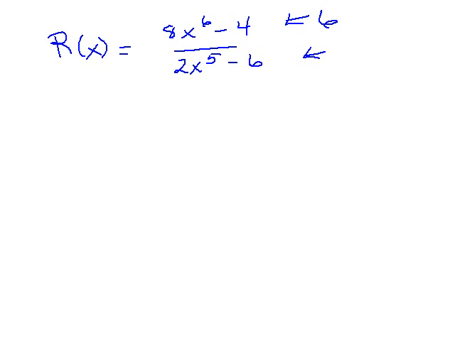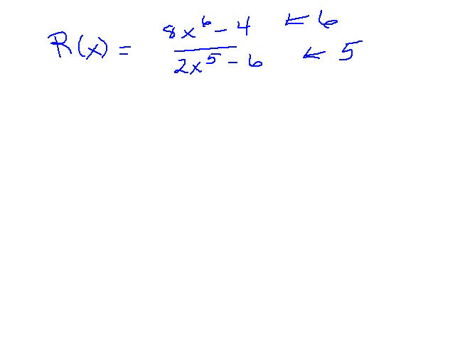So the rational function that I'm going to use for an example will have 8x to the 6 minus 4 in the numerator, and in the denominator 2x to the 5th minus 6. Okay, so the degree of the numerator is 6, which is 1 greater than the degree of the denominator, which is 5.